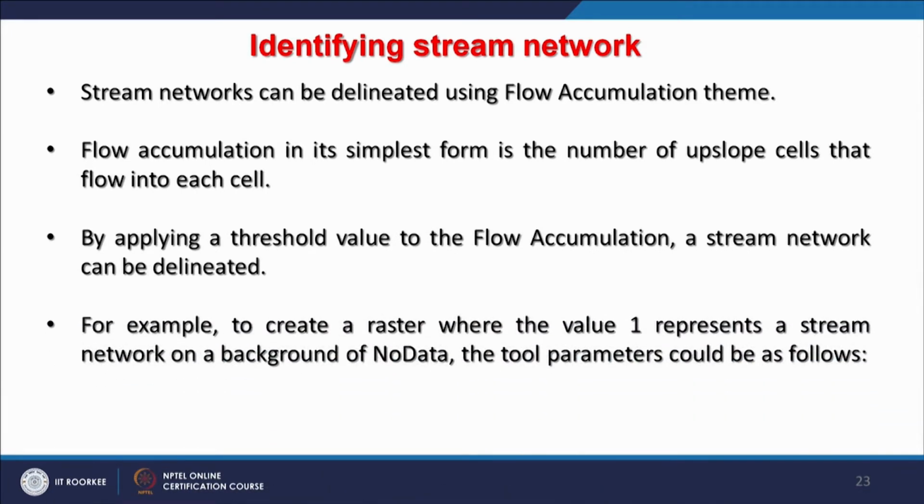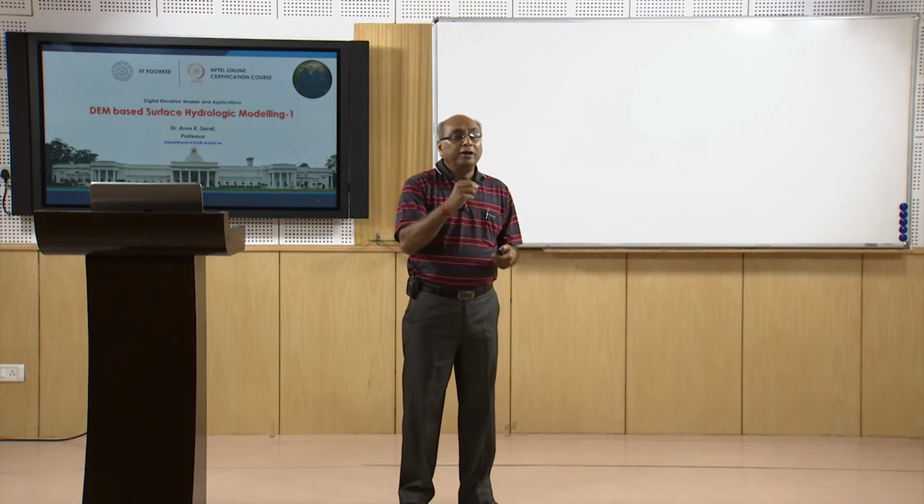And likewise, I will just show you that, for example, if I want to create a raster where value 1 represents a stream network on a background of no data, the tool's parameter could be as follows: I can decide that the threshold value is greater than or equal to, say, 100 cells. That means that if 100 cells or more are contributing, then start delineating the drainage network from there itself, because I cannot have it at each cell.